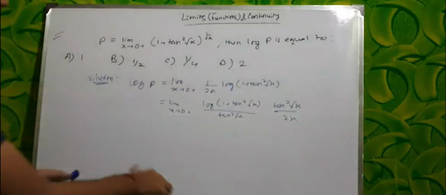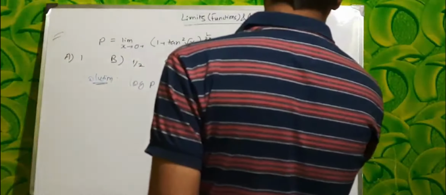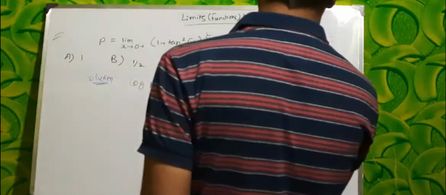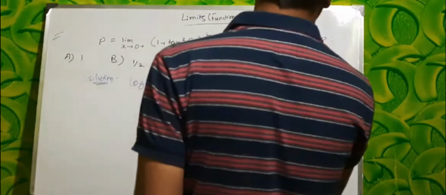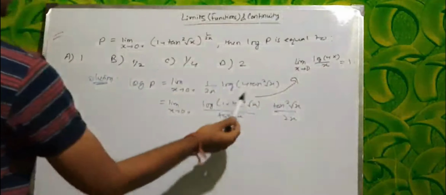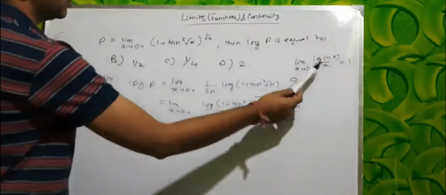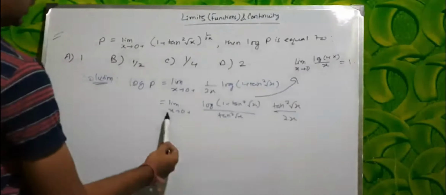So what I am trying to do with this is apply the basic limit formula we all know: limit x tends to 0, log of 1 plus x by x is equal to 1. Check that x is a dummy variable here, nothing more. So we can replace it by u and change.